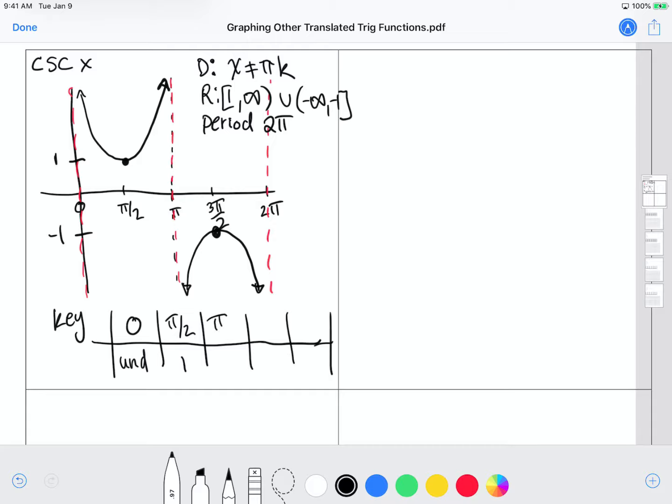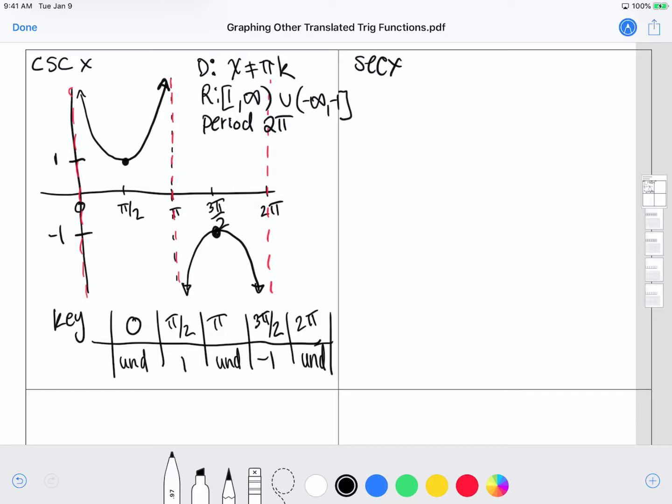At pi, it's going to be undefined. That's where our asymptote is. And at 3 pi over 2, it's going to be -1. And then at 2 pi, we have an asymptote again, and it's undefined. So these are going to be the key points that we use when we graph translated functions based on cosecant.